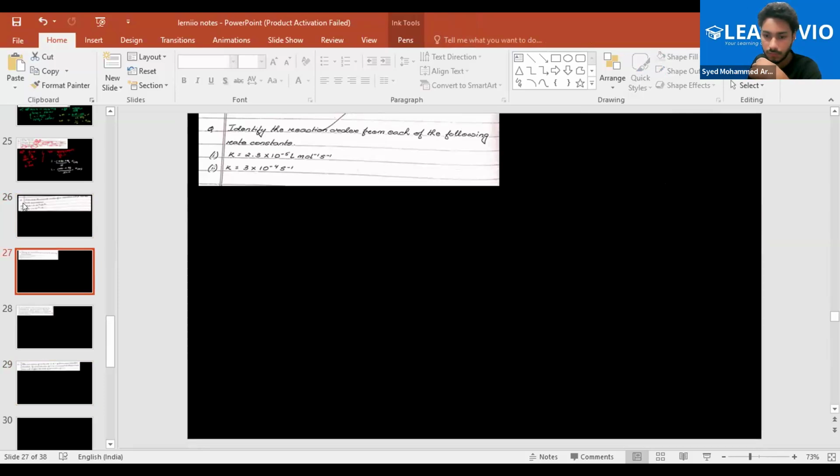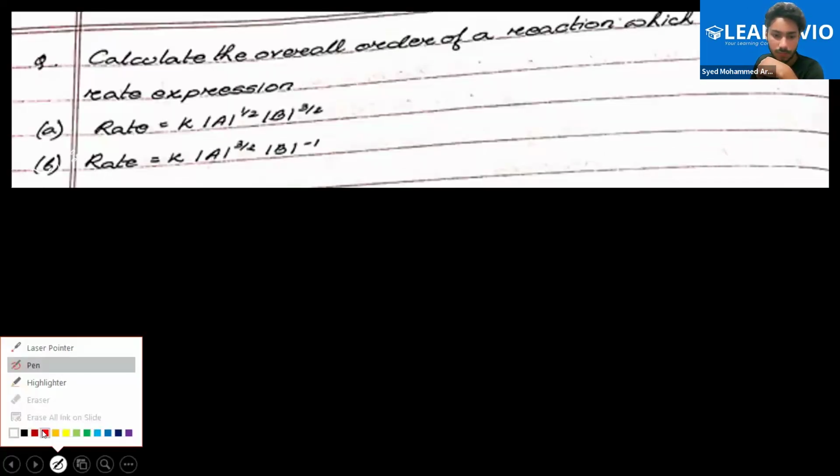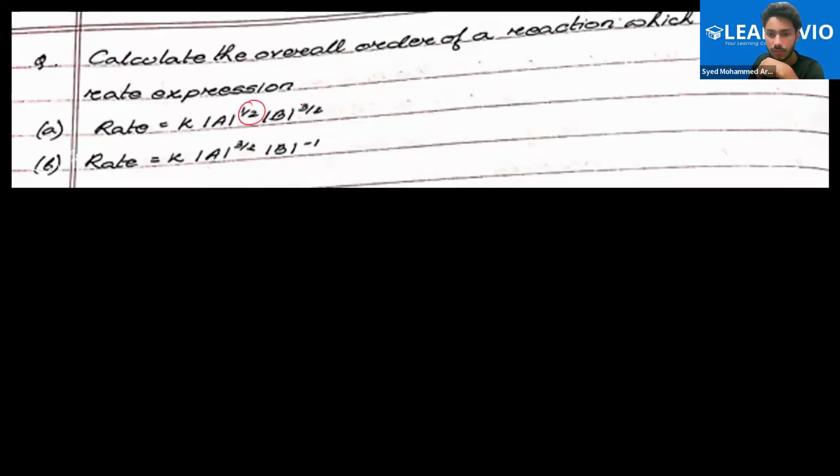So let's solve. The question is to get the order of a reaction, a very simple question. You see, this one is alpha, this one is beta. The order of a reaction is basically the addition of the powers of the concentrations.